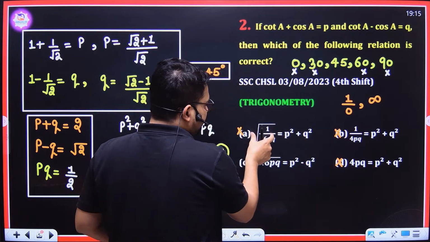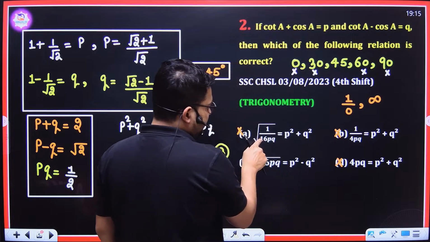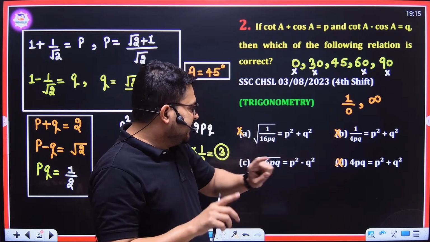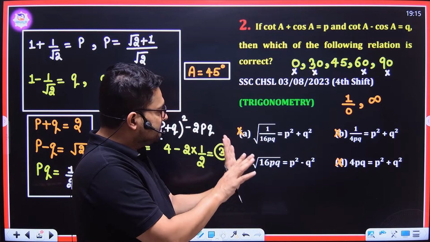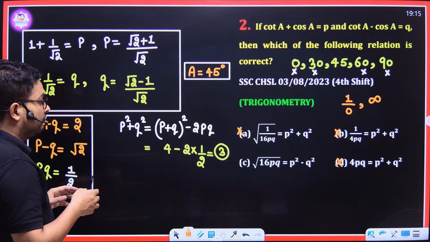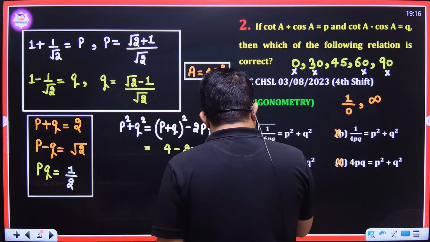But I can't have 3 here, because I have 4, 4, 4. Here is root 16, which is 4. It means my left hand side is completely dependent on PQ, and PQ is 1 by 2. Then from where will you get your 3? So your answer is option number C.